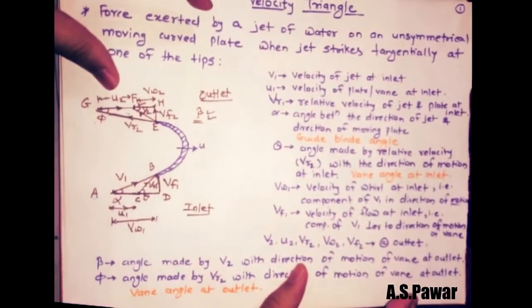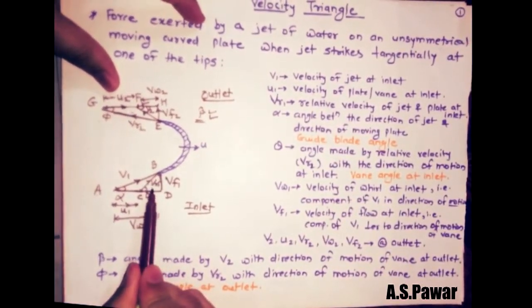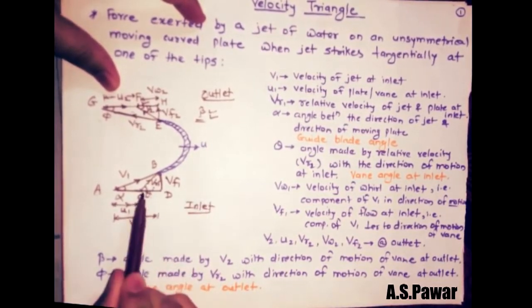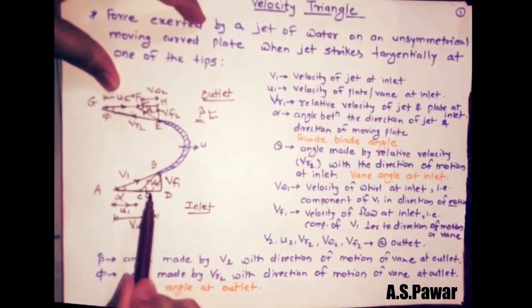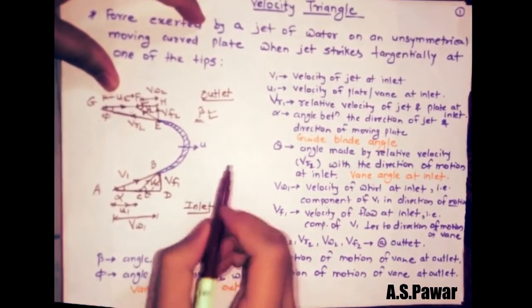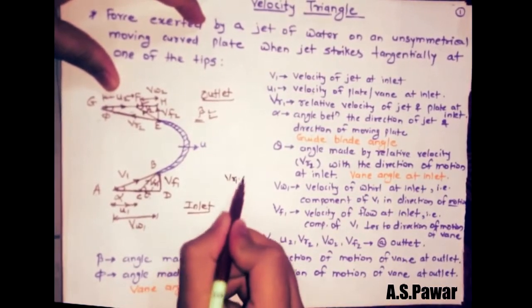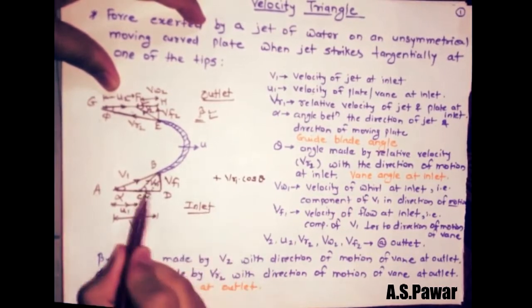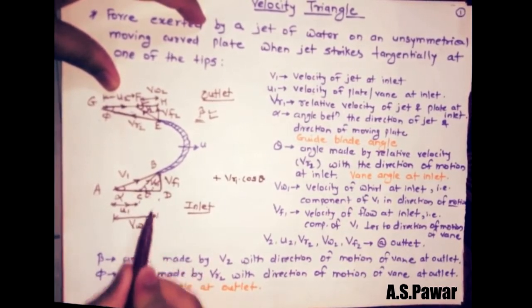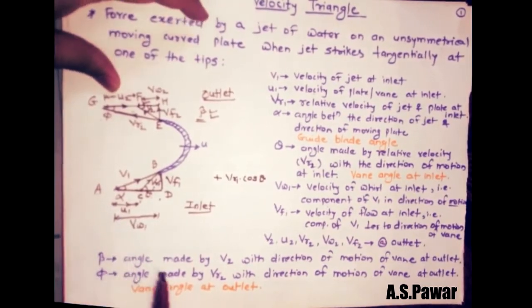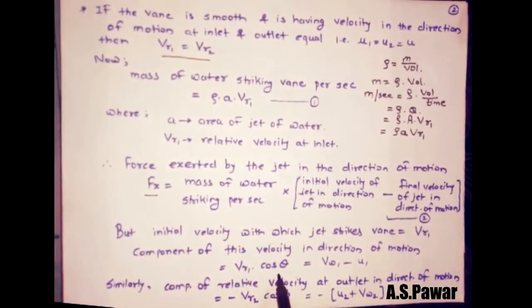This is vr1, inclined at an angle theta in the direction of motion. Its component in the direction of motion will be vr1 cos theta, which is positive. This component, from this point to this point, I can find directly: it is equal to vw1 minus u1. So vr1 cos theta is equal to vw1 minus u1.